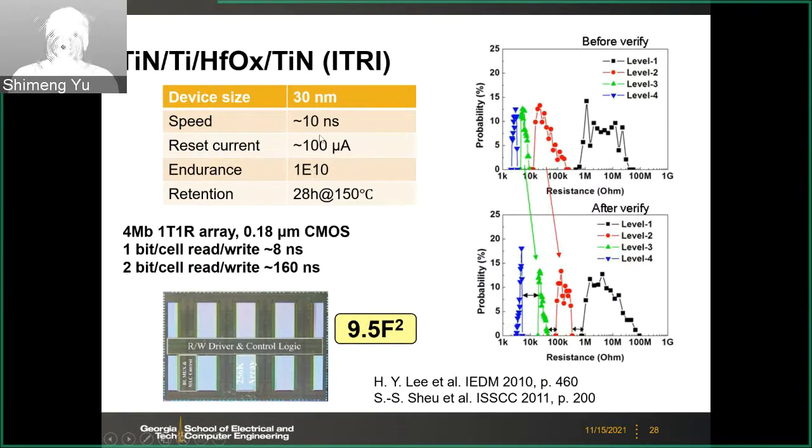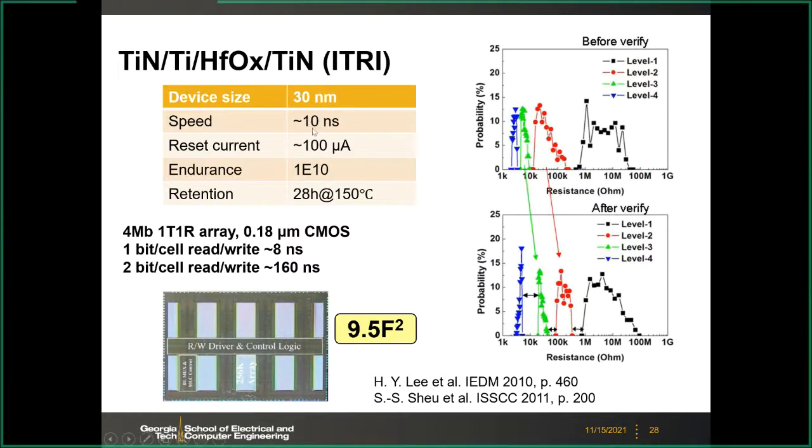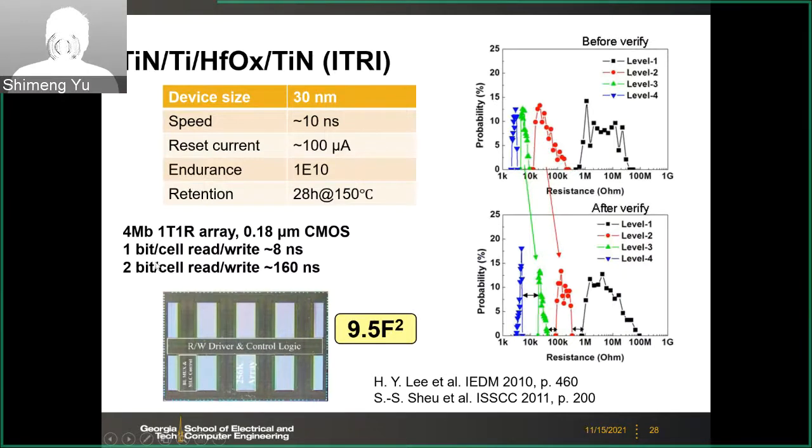And the device is exactly what we showed earlier, but they integrate it into the array with the peripheral circuits like decoder, sense amplifier, and so on. At the chip level, it can reach 1 bit per cell operation with read and write time of about 8 nanoseconds, and 2 bit per cell read and write time is 160 nanoseconds.